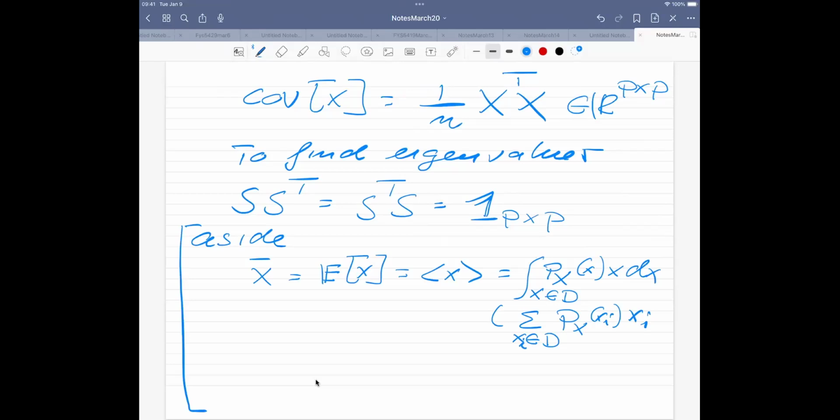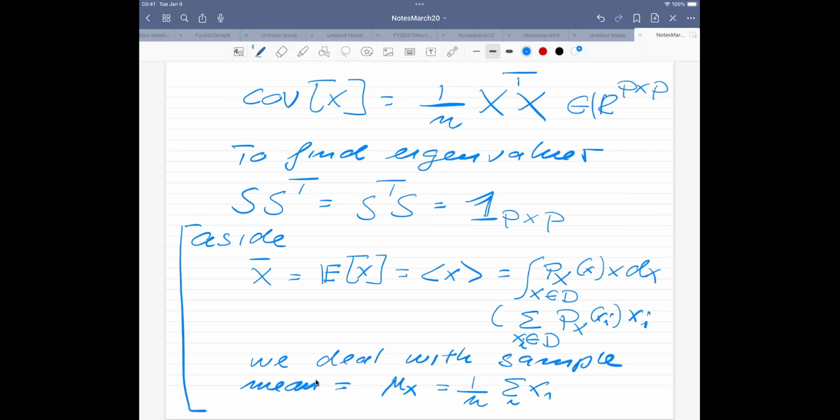So normally we deal with a sample mean, which is given by mu of x, which is 1 divided by n times a sum over all the x_i's. And this does not need to be equal to the exact value. So suppose now that we know that this data follows a distribution, but we don't know the distribution.